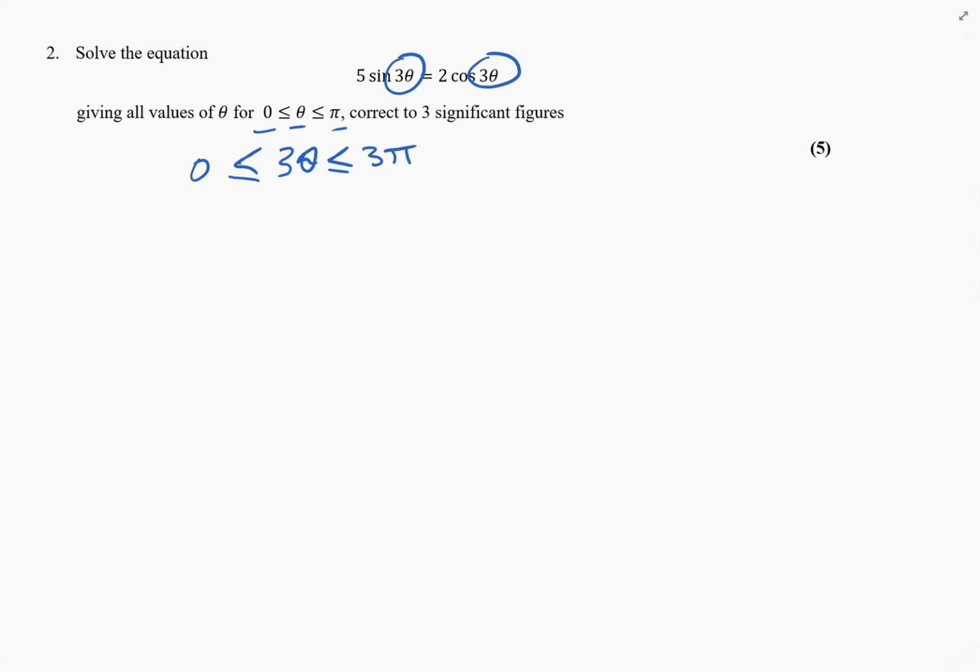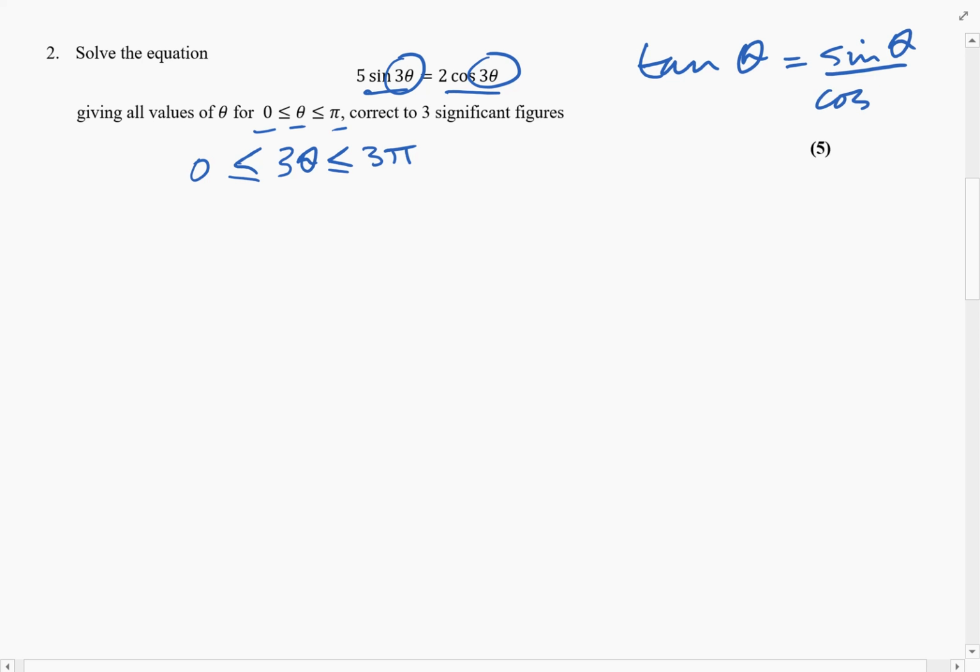All right, the next thing I'll probably do is remember that we need to get either all sines or all cosines or all tans before we can solve an equation like this. So remember that tan theta equals sine theta over cos theta.